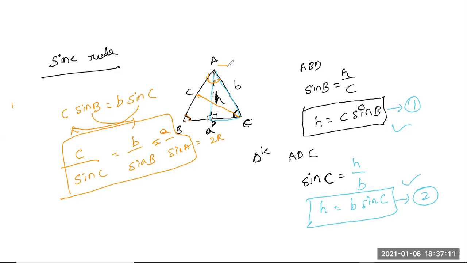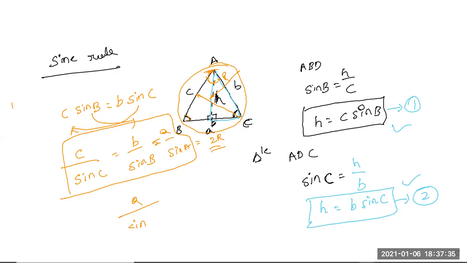In general, if you draw a circumcircle, so this is the center, and this is the radius r, this is equal to 2r, 2 times the circumradius, or the diameter of this circle. So basically, side divided by sine of the opposite angle.